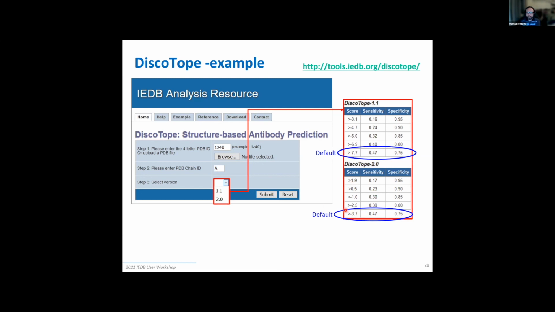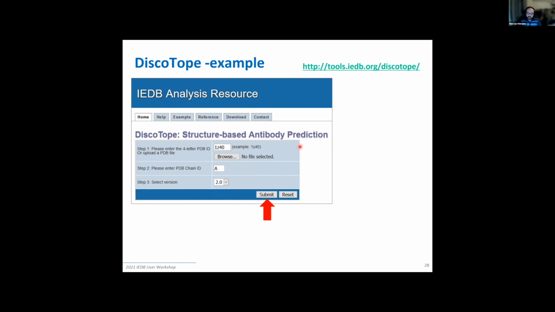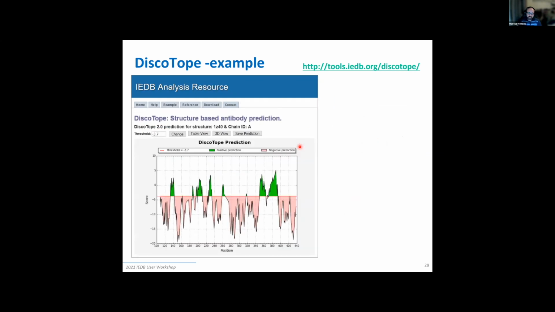So I'm going to use DiscoTope 2 for this one. I'm going to click submit and open this graph. I guess everyone's familiar already. The green one is positive predictions and the red one is negative predictions. The green ones are possible regions with an epitope that can be recognized by antibodies.